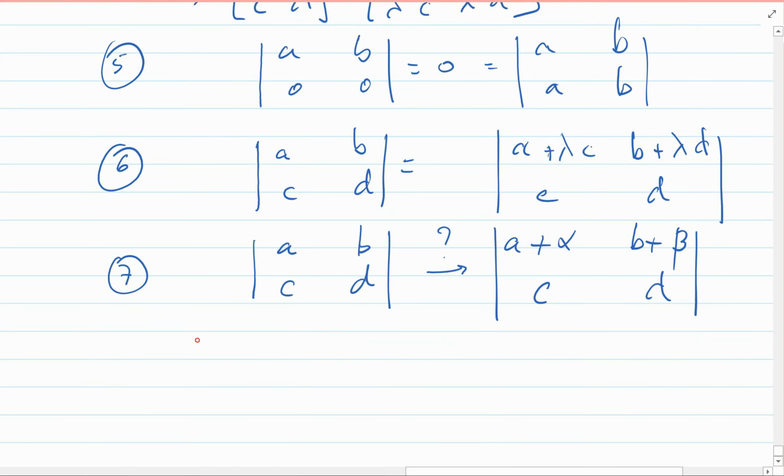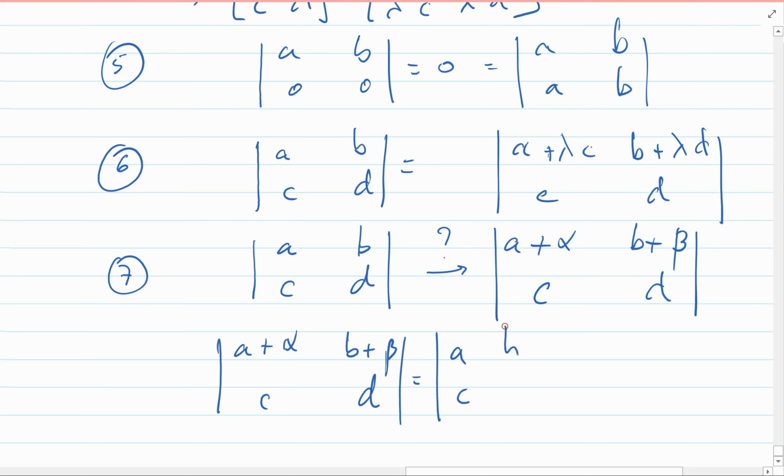What's interesting is that the calculation will tell us that, in fact, this one is equal to A, B, C, D plus alpha, beta, C, D. It's just a calculation. In other words, this is what we say, that with respect to each row or each column, you are linear. In other words, you are additive. That's the property that you have here. And if you have a constant, it comes out, okay?